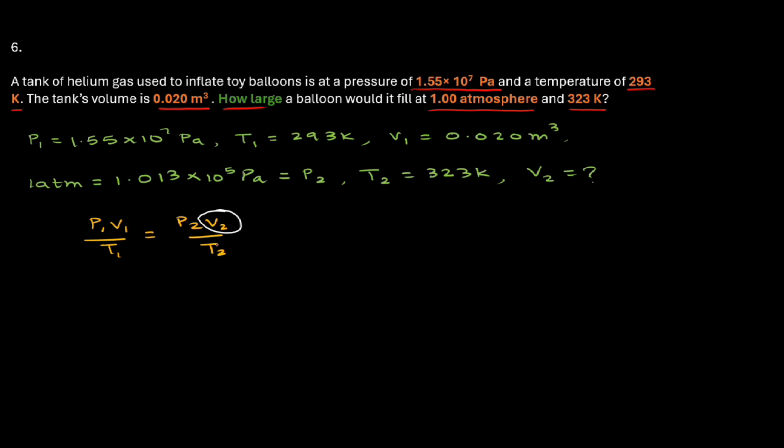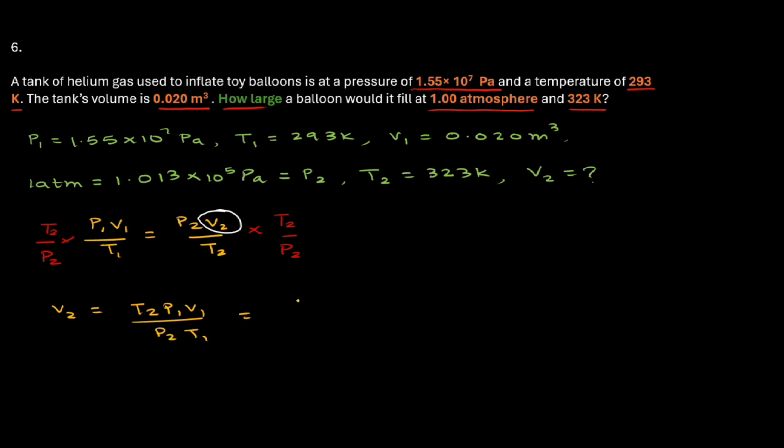To do that, I multiply with T2 on both sides and divide with the pressure P2. When you do that, you get the final expression for V2 as T2 P1 V1 over P2 T1.